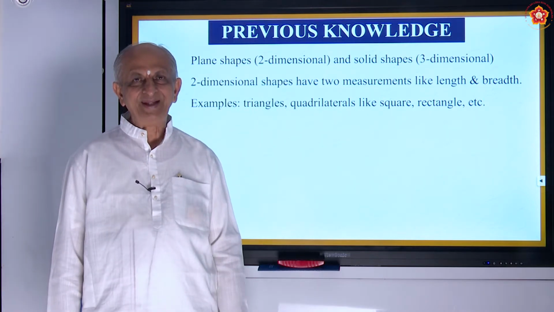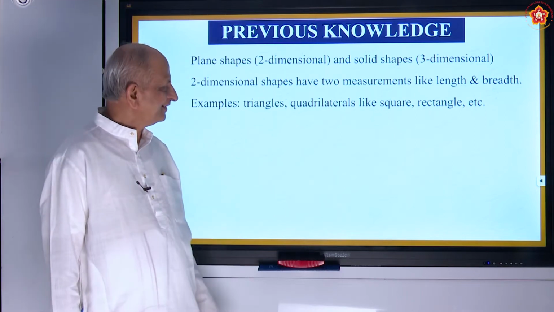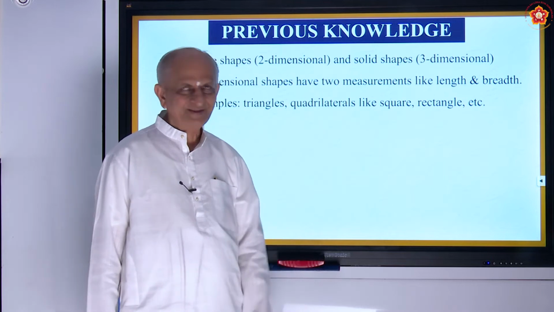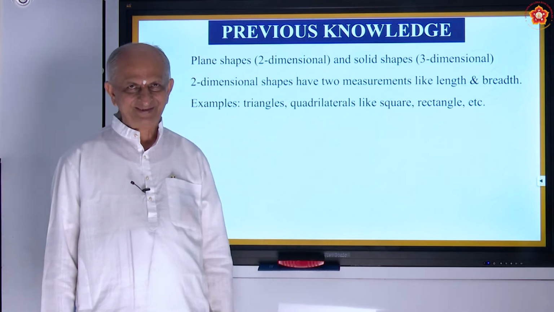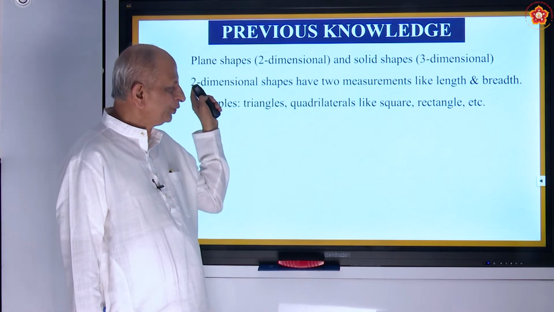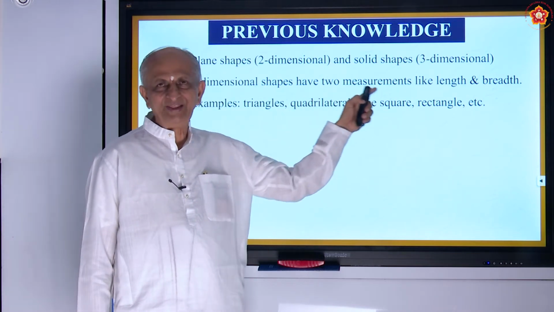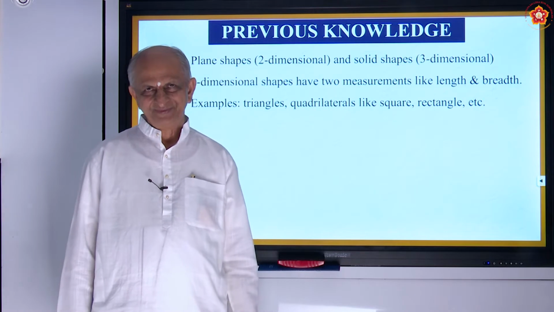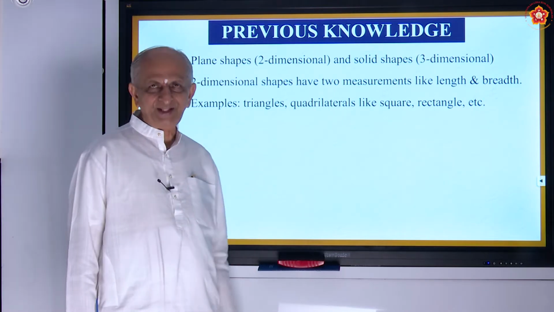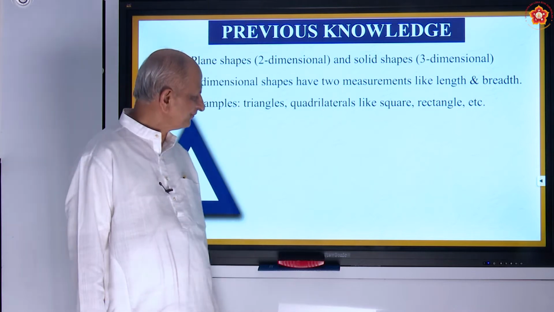We call them plane shapes, and there are some solid shapes. They are three-dimensional. We call it 3D. Two-dimensional shapes have length and breadth, whereas three-dimensional shapes have length, breadth and height.